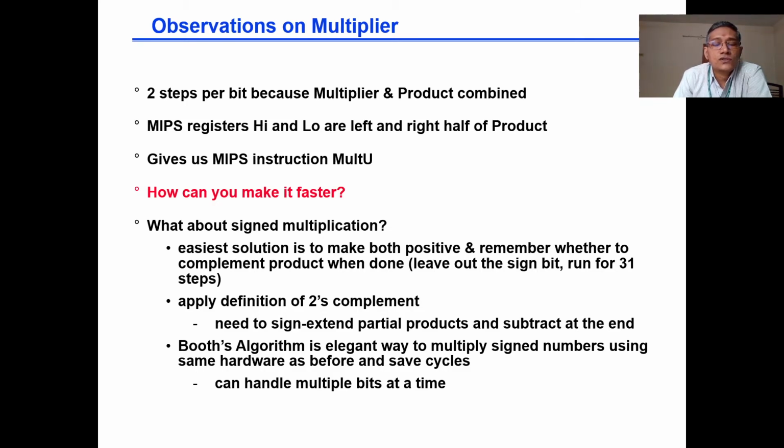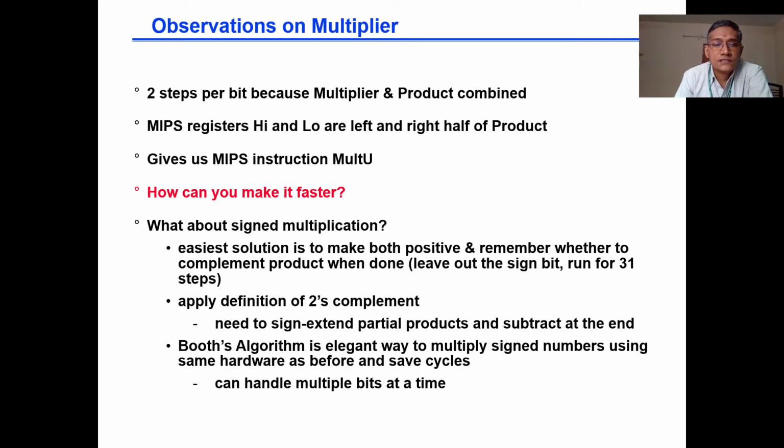Is it possible to make the multiplication still faster? Yes. The solution is to make both numbers positive, and remember whether to complement the product when done. We need to leave out the sign bit and run for 31 steps. We need to apply 2's complement, and also sign extend partial products and subtract at the end.